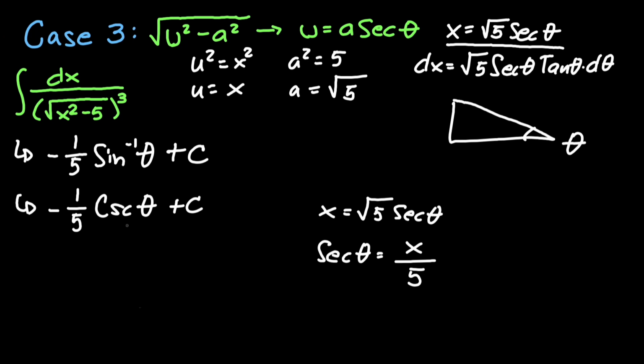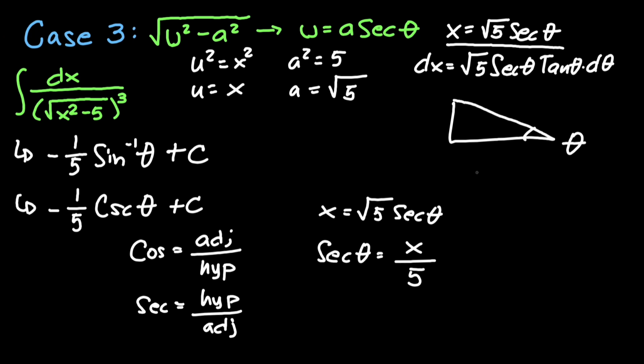The inverse of secant is cosine. So in the SOHCAHTOA, cosine right here is equal to adjacent over hypotenuse. And since secant is the inverse of cosine, secant right here would be equal to hypotenuse over adjacent. And so hypotenuse here is x and adjacent is square root of 5.